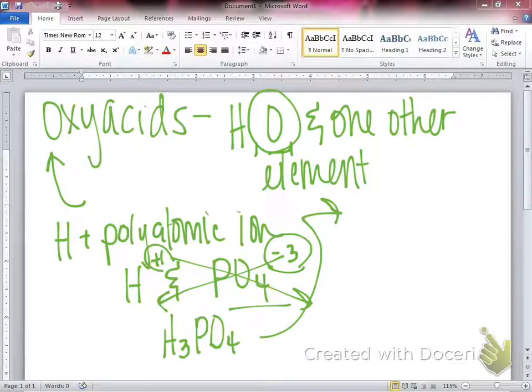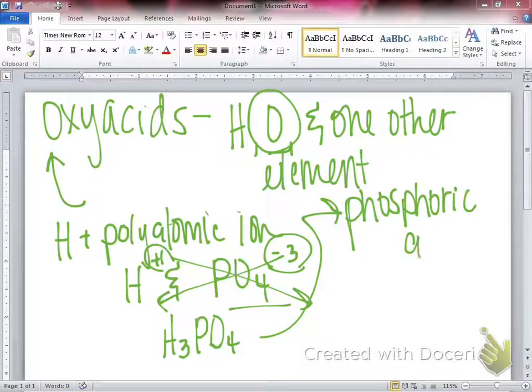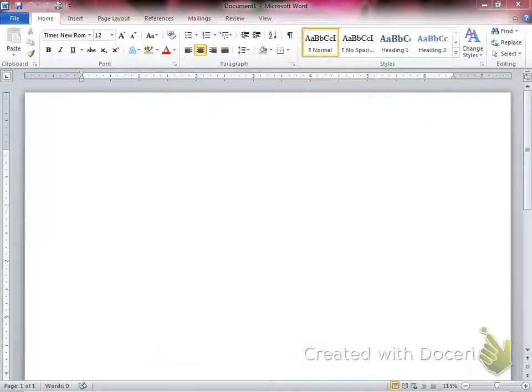We know it ends in ate because it's phosphate, over to ic acid, which means the name of this molecule is phosphoric acid. Okay, so this is phosphoric acid because it comes from an ate polyatomic ion. Questions on naming that one? Like sulfuric acid.